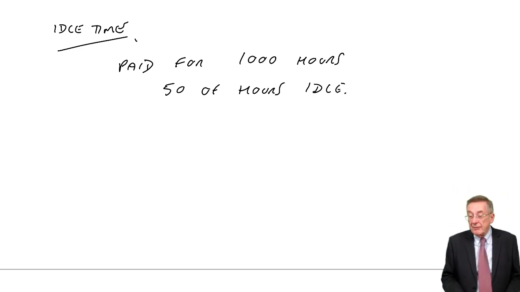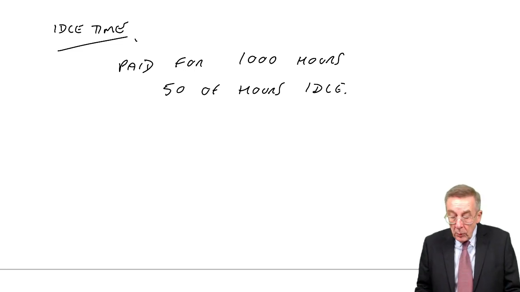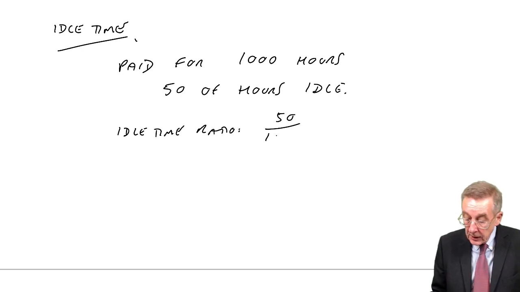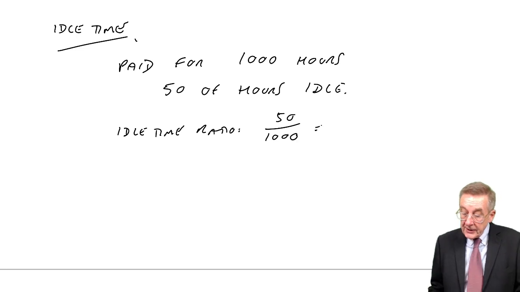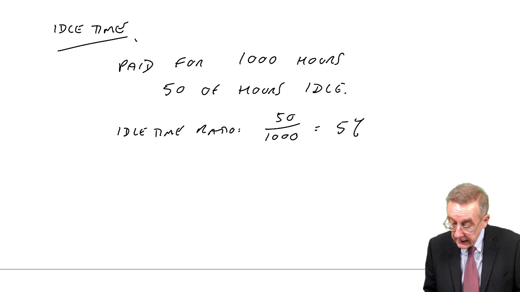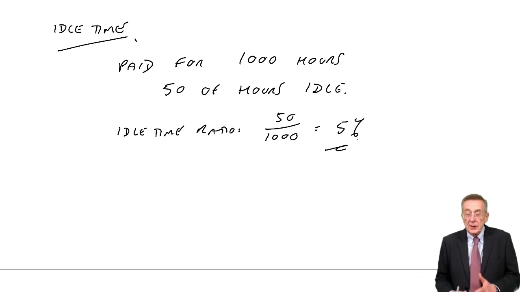So they only actually worked 950, but we had to pay them for 1,000. Well, the idle time ratio: 50 hours idle out of a total of 1,000, as a percent is 5%. So I think that's an easy one if you've understood what I mean by idle time.